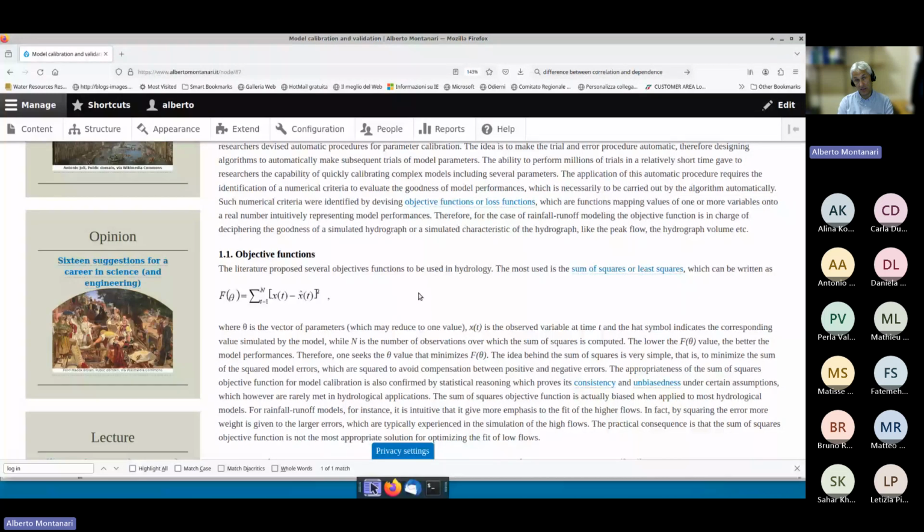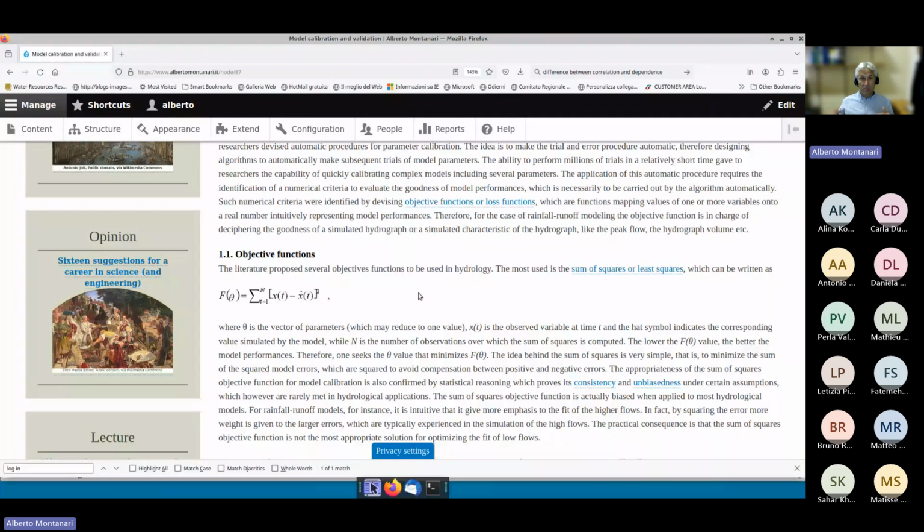The advantage is that the least square objective function is a method that has been proved to be very efficient, has been proved to provide very good performances in terms of reliability of the parameterization. Because as I said, if we use different objective functions, which means different measures of model reliability, we obtain different values of parameters. And of course, not all of them are equally performing.